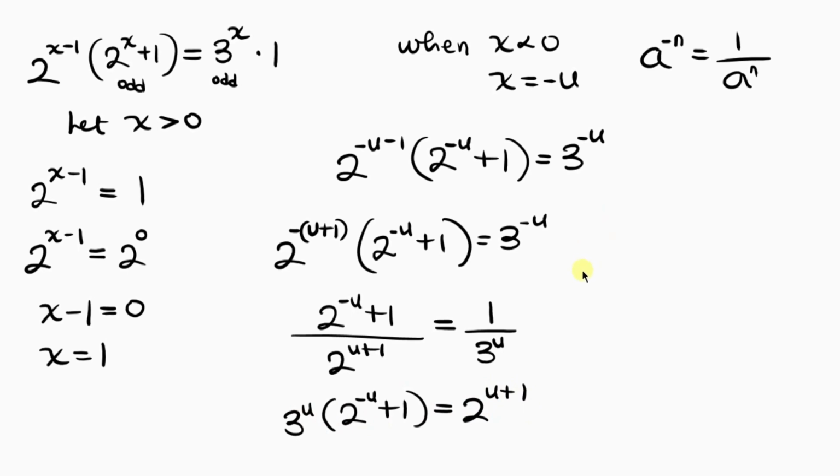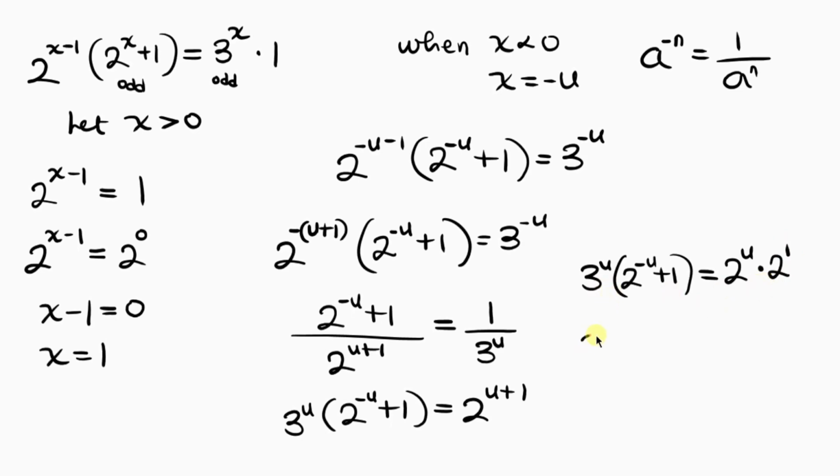So we have 3 to the u times 2 to the negative u plus 1, and this is equal to, now from indices the powers add up, which means this expression comes from 2 to the u times 2 to the 1. So it is the same thing.